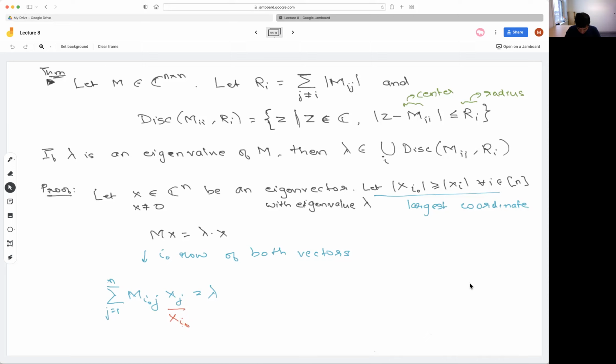And now we can write it. The special entry where you have i0 is multiplied by 1, and for everything else, we have m_i0j x_j divided by x_i0. And we know that this is equal to lambda.